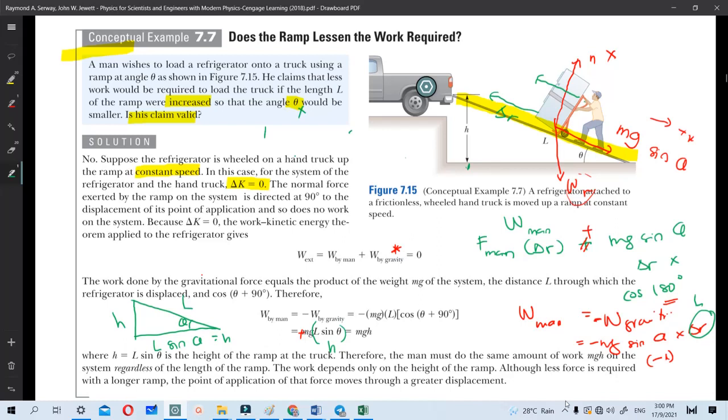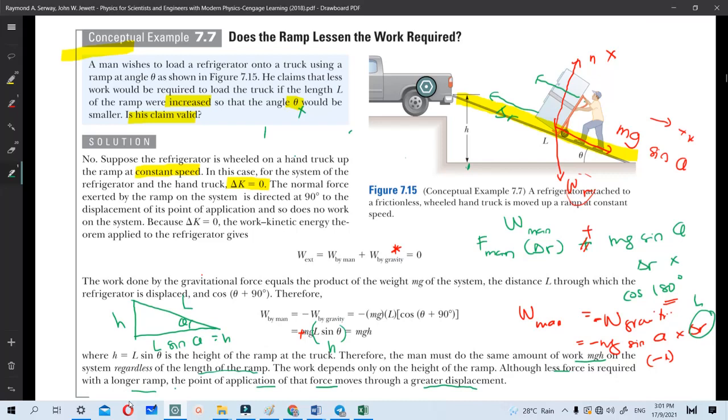So that's why it says that regardless of the length of the ramp, the same amount of work would be applied. However, although less force is required with a longer ramp, the point of application of that force moves through a greater displacement.